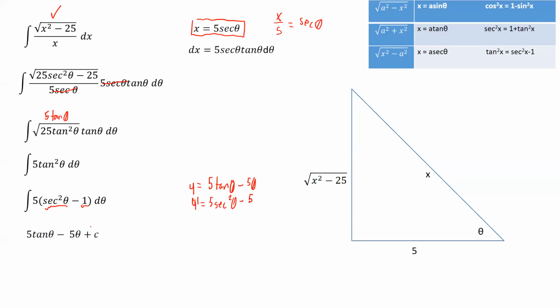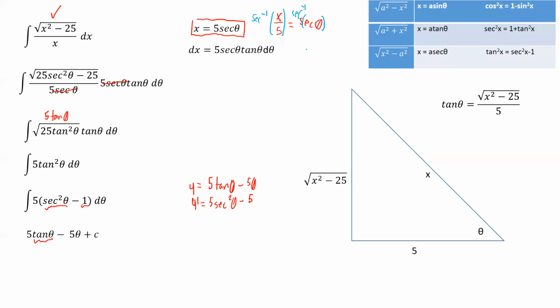All right, what do we need to get rid of this time? Tan theta. What would tan theta equal? Opposite over adjacent. So there's tan theta. And what's theta? Let's come back up here. How do we get theta by itself? We would take the arc secant of both sides. So the arc secant of x over 5 would give us the arc secant of the secant.